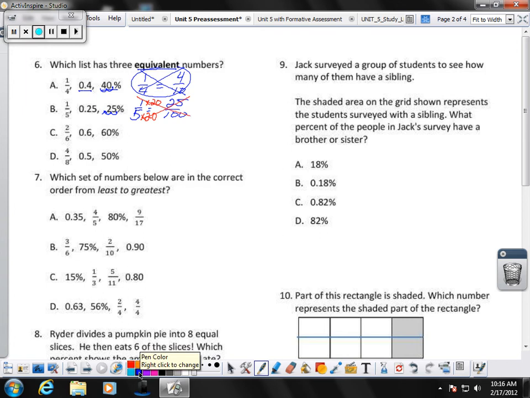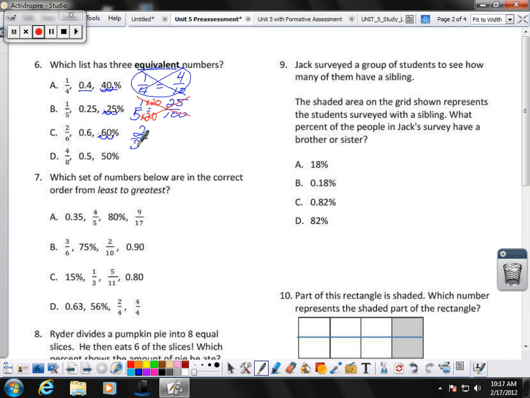So let's take a look at letter C. 60%. I move my decimal 2 places over, and I get 0.6 or 6/10. I have 6/10 here. So I know my decimal and my percent. I'm kind of seeing a pattern here. My percent and my decimal are the same. The question is, is 6/10 equal to 2/6? Let's write that out.